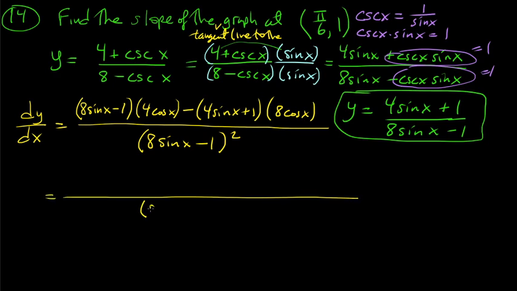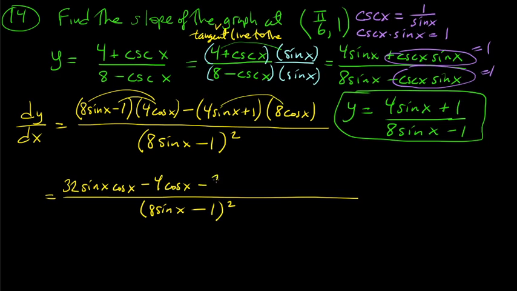And now we just expand all that out in the numerator. Don't bother expanding the denominator, right? So for the numerator, we're going to get 8 sine x times 4 cosine x. So that's 32 sine x cosine x minus 4 cosine x. Right. And then minus 4 sine x times 8 cosine x, which is 32 sine x cosine x.